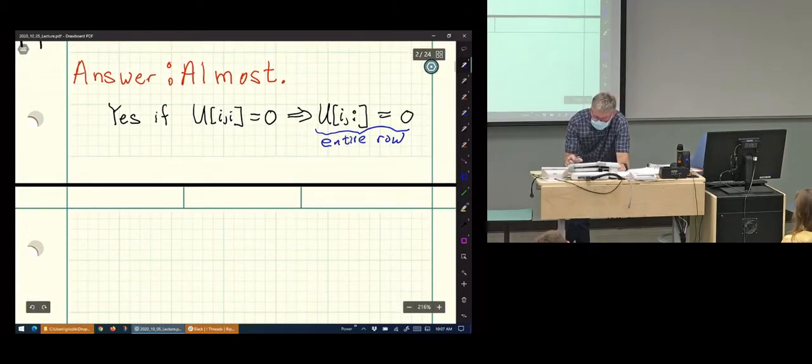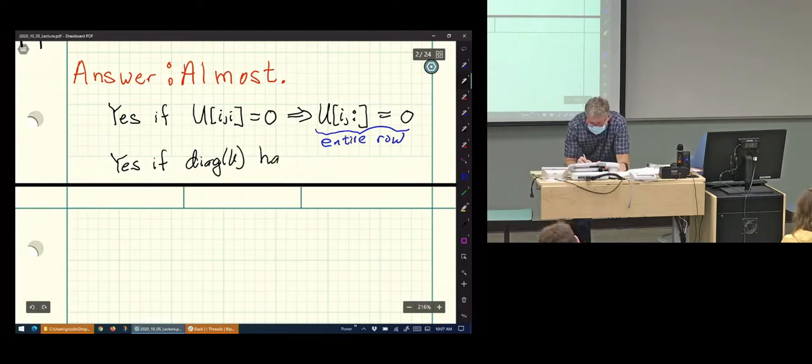So it's yes if that condition holds, and it's yes if the diagonal of U has 1 or no zeros. If it has 2 or more, then you have to check the rows.